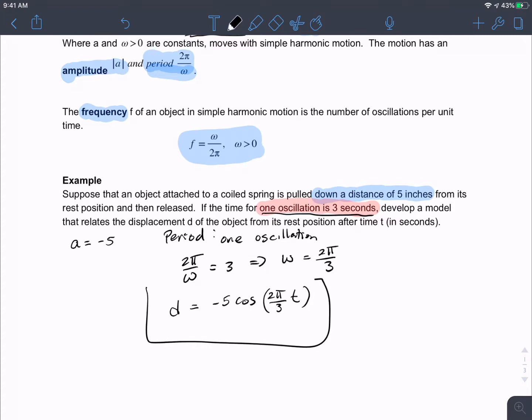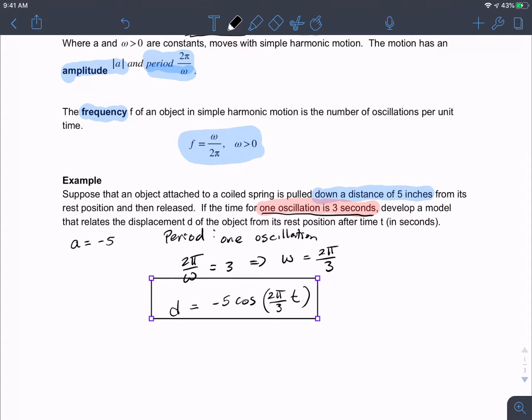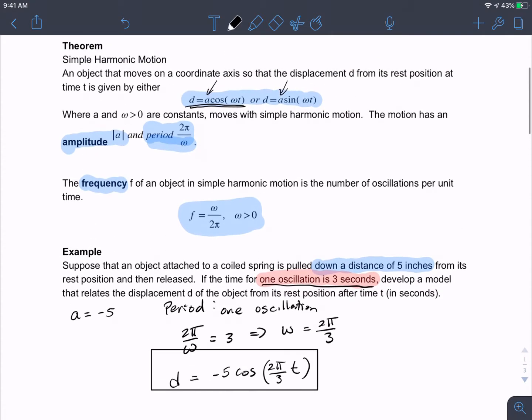This is the equation for this first example. So actually pretty cool. That is our answer to this first problem. Again, these formulas are good and critical for you to know and use. Let me go ahead and do another example for you.